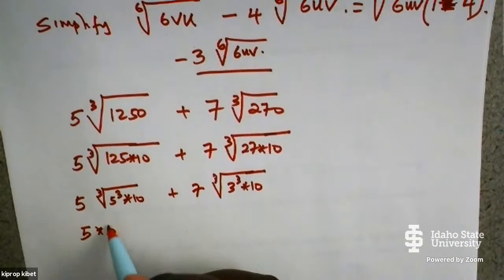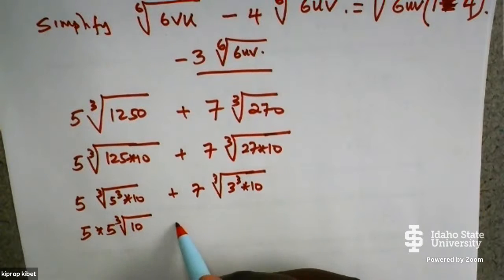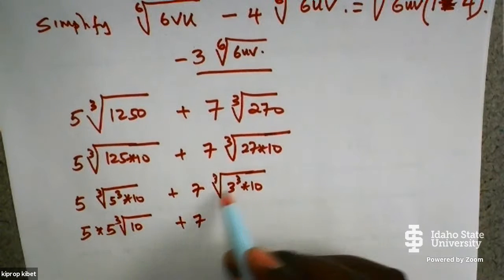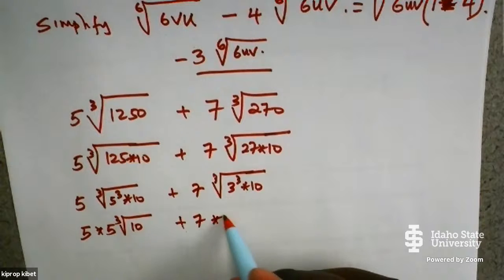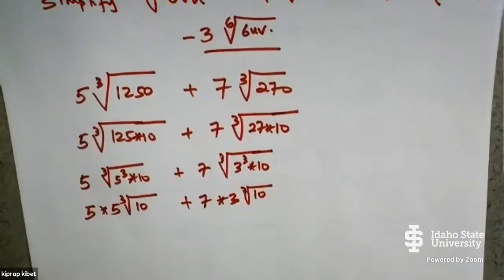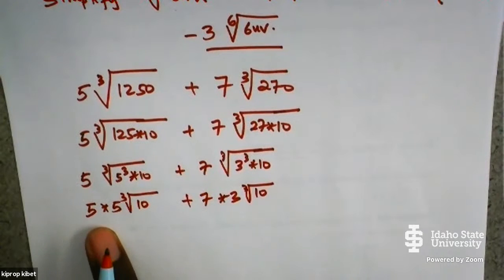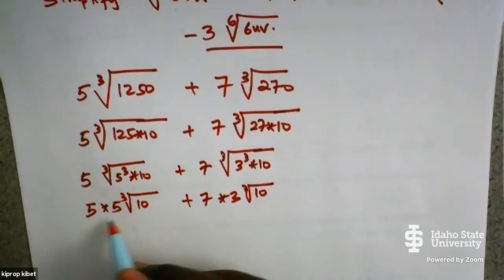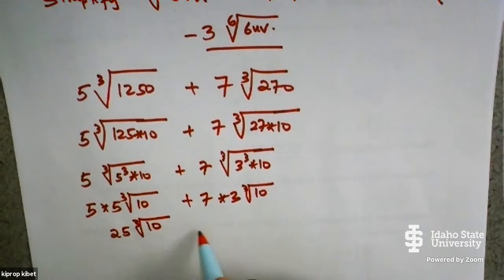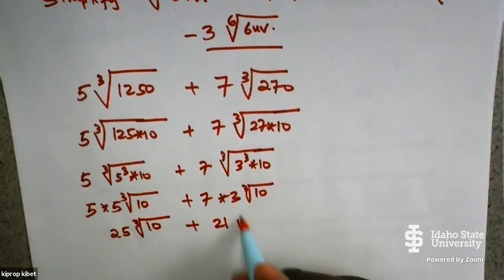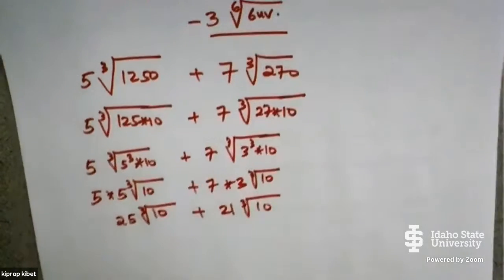So it is 5 the cube root of 10 plus 7, this will come out by 3, the cube root of 10. Basically, this is 25 the cube root of 10 plus 21 the cube root of 10.